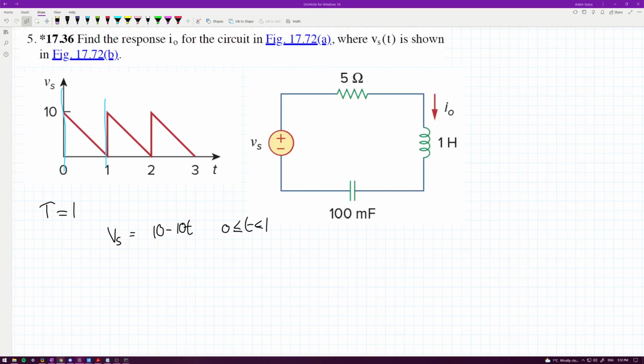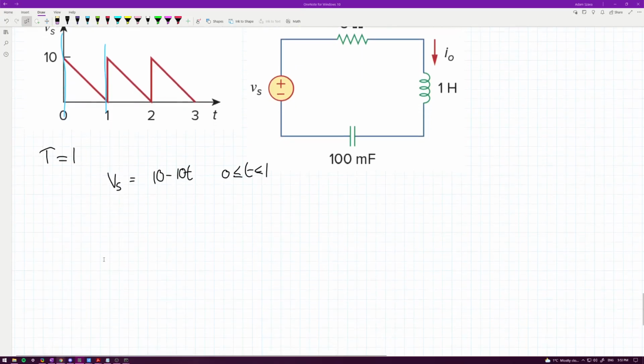Which just means that they do the 1 over p, 1 over the period, and so on. Yeah, this is what they write. A0 equals 1 over T integral 0 to T of f of x, or whatever, Vs of t dt. Specifically, of course, they mean Vs of t dt.